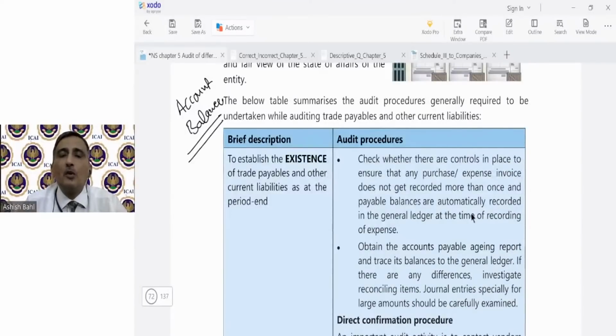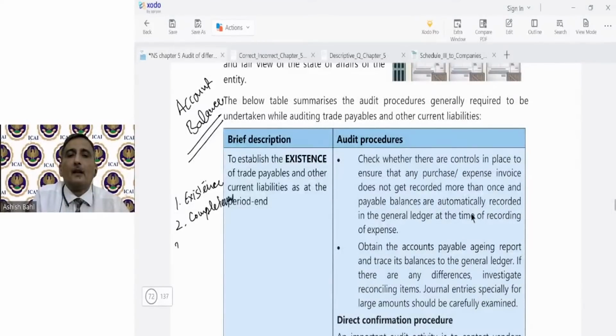So we have to test all the 4 assertions pertaining to account balances. What are those assertions? Those assertions are existence, again existence, completeness, rights and obligations, and valuation and allocation.